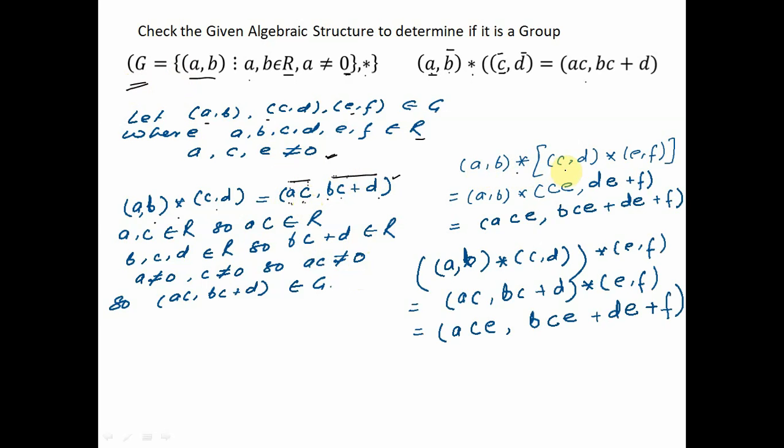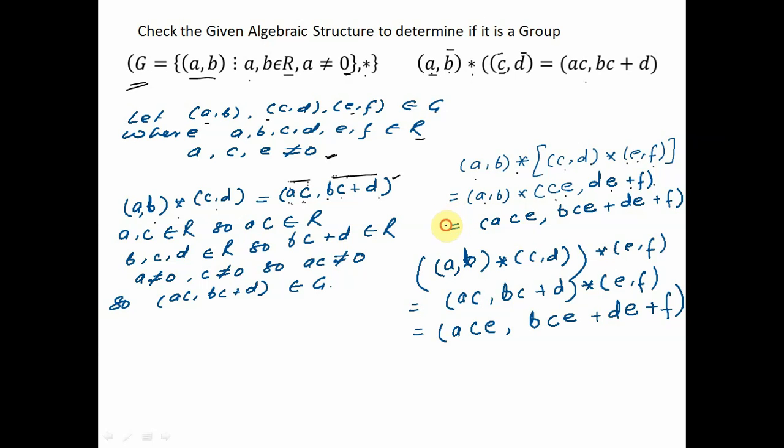(a, b) star (c, d) star (e, f). Let's verify the associative property. On one side I have ((a, b) star (c, d)) star (e, f) and on this side I have (a, b) star ((c, d) star (e, f)). So (a, b) star, let's open this inner bracket. This becomes (ce, de plus f). And if I open this bracket, it becomes (ace, bce plus de plus f).